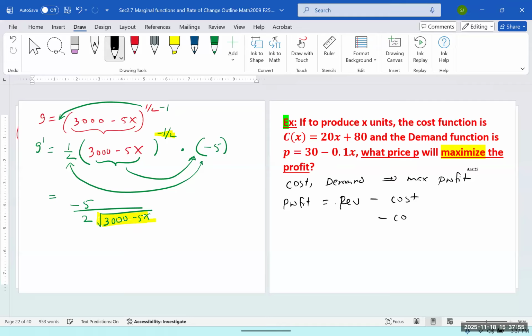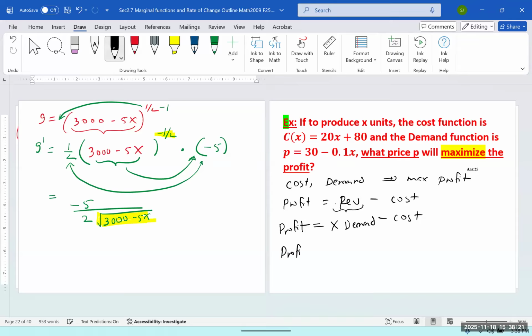They gave us the cost. So we need to know what is revenue. What is revenue in terms of demand? X times demand. So even though they didn't give us the profit information directly, they gave us enough information to find the profit function.